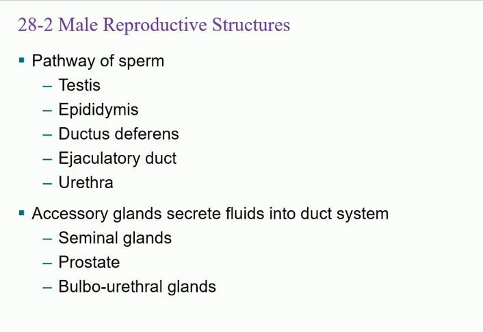Why? You have an exam today. They can ask you about this. Why does it stay in the epididymis for some time? For maturity. It matures in the epididymis. Then it leaves the epididymis through the ductus deferens. What's the other name for ductus deferens? Vas deferens. And then ejaculatory ducts. Ejaculatory ducts come from the ductus deferens plus something else. What is that something else?